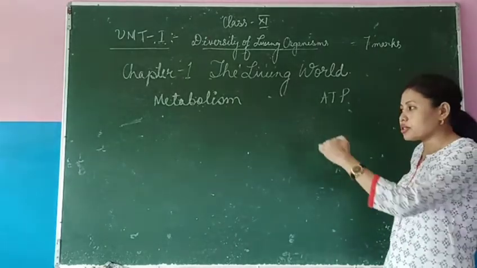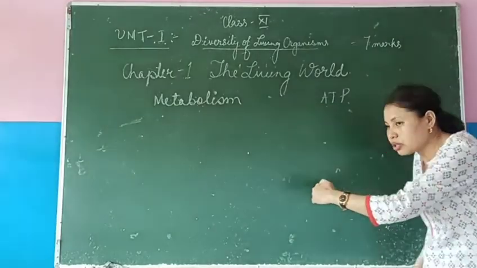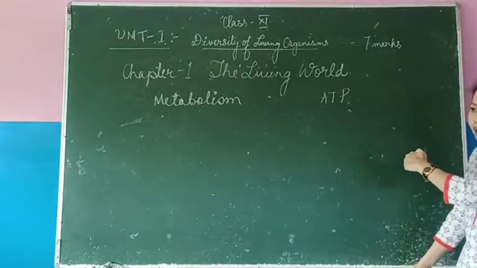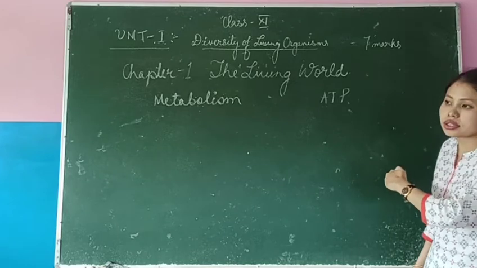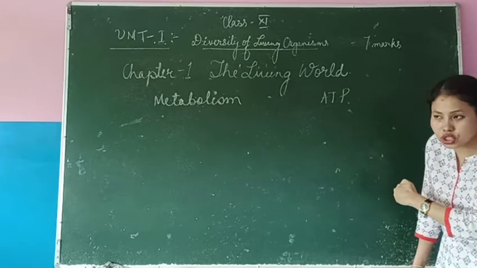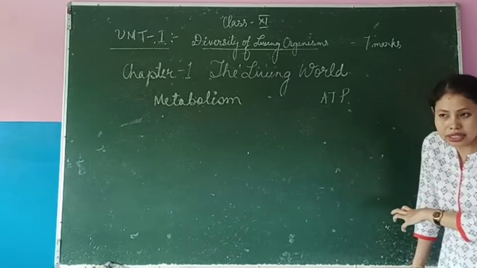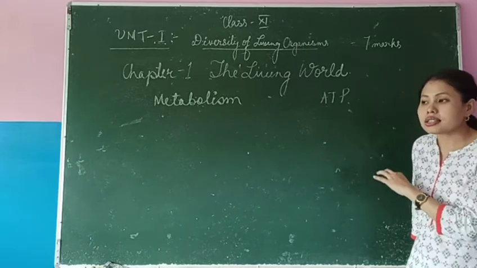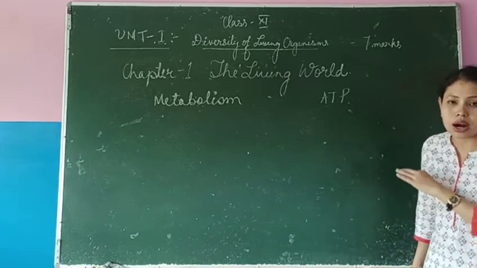So the whole process of digestion, coming to respiration, and the removal of unwanted material from our body, that is excretion, are all related. They occur simultaneously in our body.